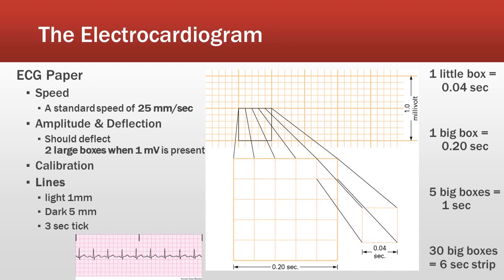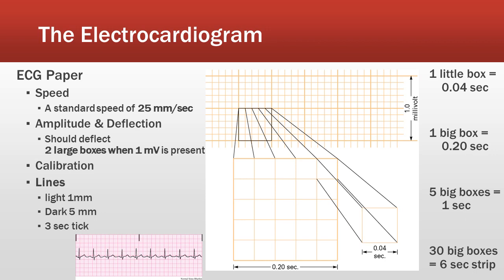The EKG paper. The standard speed once you hit print is 25 millimeters a second. For the amplitude deflection, 2 large boxes on this EKG paper equals 1 millivolt.